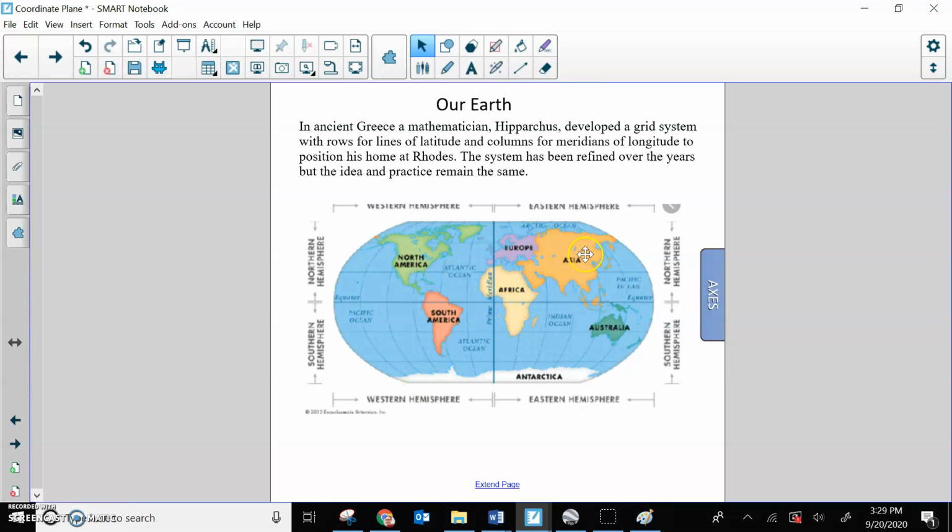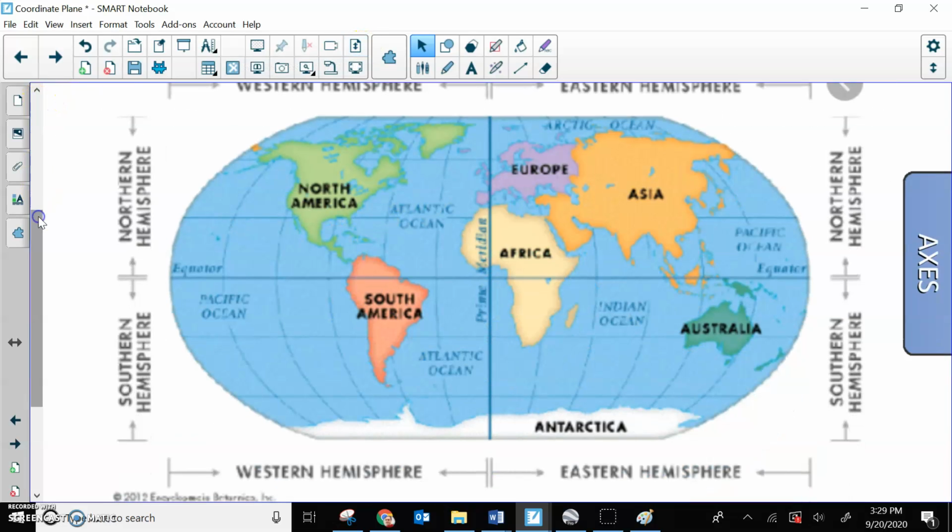So every point on the Earth can be located with 2 numbers. A latitude number, meaning how far up or how far down you go, and a longitude number, how far to the east or how far to the west you are moving.